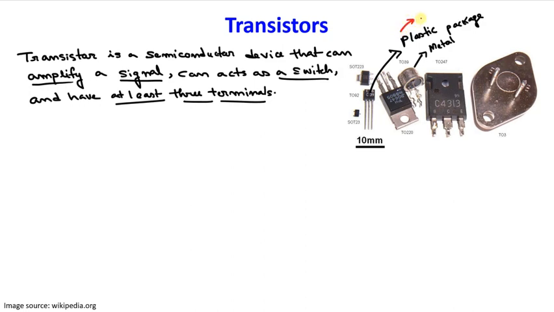Plastic packaging is primarily used from the point of view of cost, because it is quite low cost, whereas metal packaging is generally used to consider the dissipation of heat. For power transistors, you will also see a dedicated heat sink attached. These heat sinks help to dissipate the heat produced in the transistor when the transistor is on.